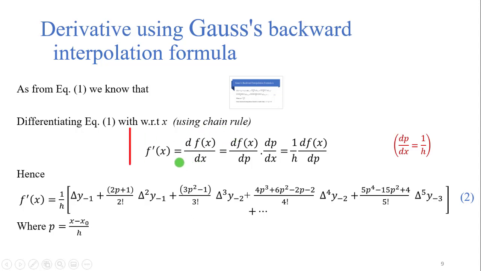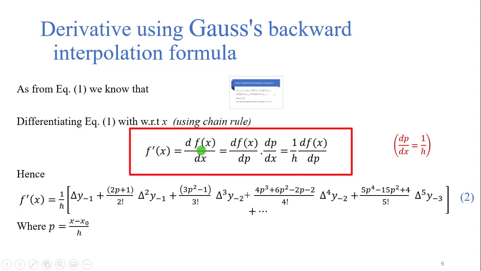So this is the chain rule: f prime at x is equal to df by dx, which is equal to df by dp times dp by dx, and that is equal to 1 by h df by dp, where dp by dx is actually 1 by h.